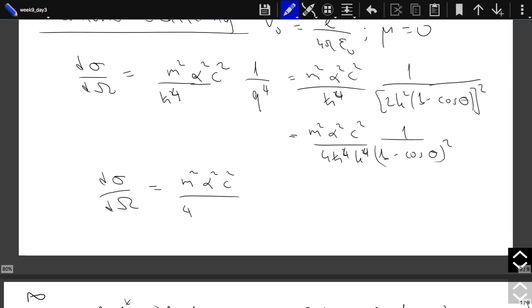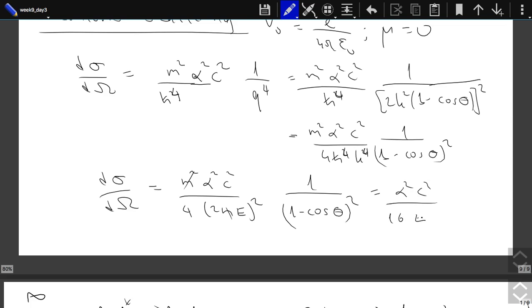Okay, h bar squared k squared is 2mE, squared, 1 over (1 minus cosine theta) squared. The m's also cancel, and we have alpha squared c squared over 16E, 1 over (1 minus cosine theta) squared.